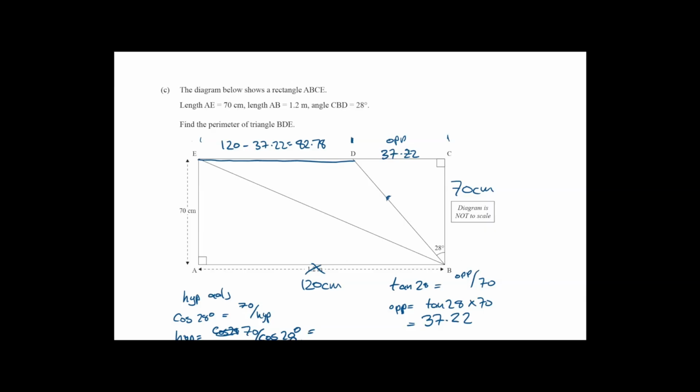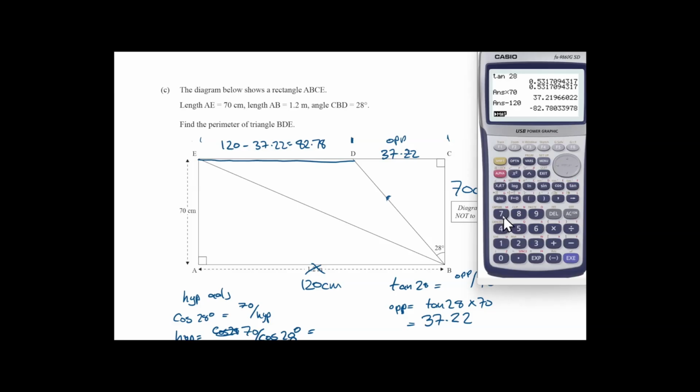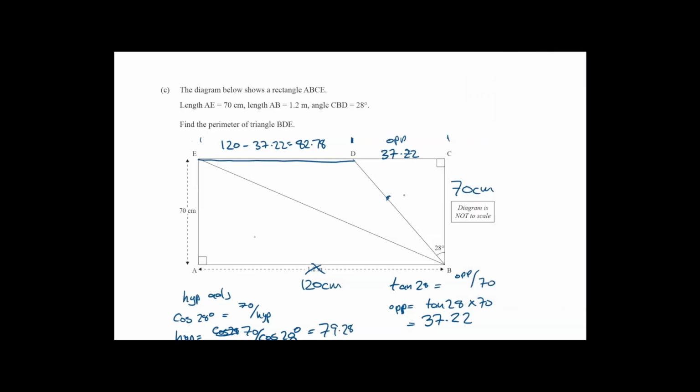So 70 divided by cos 28. So this is 79.28 centimeters.